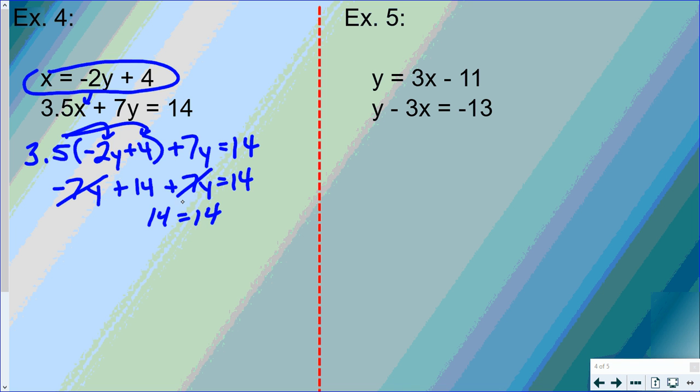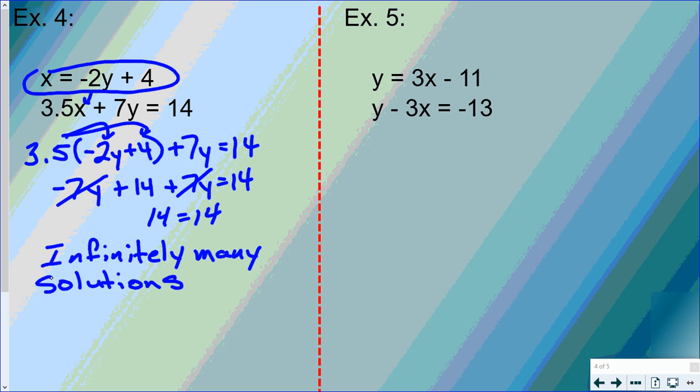So remember, when you're solving equations and you come up with this, what that tells you is that there are infinitely many solutions. And what that really means is that these two equations are actually the same thing.